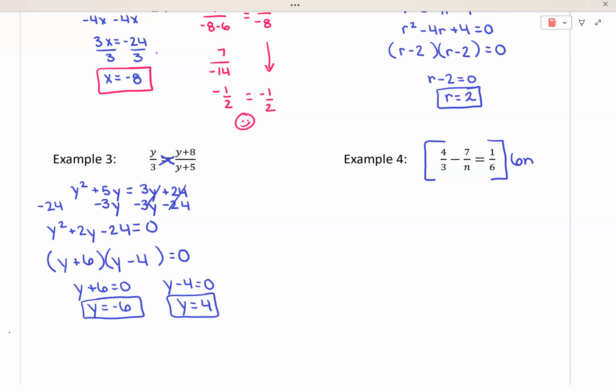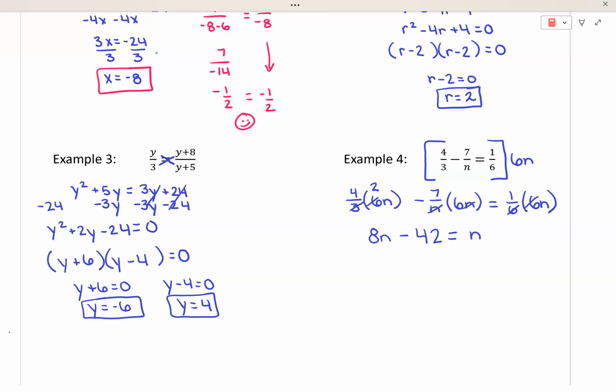Okay? So for this one, I'm going to write it out a little bit more. 4 over 3 will get multiplied by 6n, minus 7 over n will also get multiplied, and then our 1/6 will also get multiplied by 6n. So everything gets multiplied. So 3 goes into 6 twice. So this is 8n minus, n's cancel, that's a 42 equals, 6 cancel.